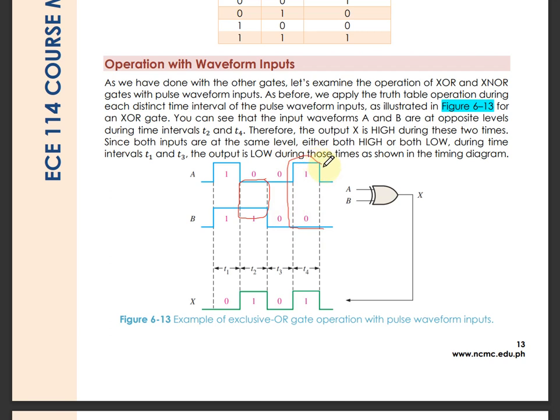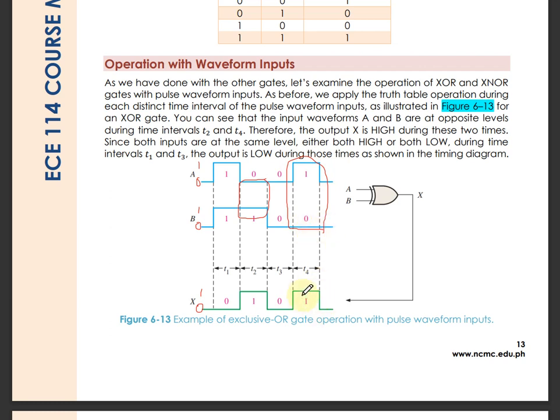If you notice, this is high, this is low, then this is your high and this is your low. If you notice sa input A, low siya, then sa input B kay naka-high siya, no? So this is opposite. That means your output here is high, no? Na siya sa taas. Then the same with time interval 4, natay input dari sa A nga high, sa B kay low, no?